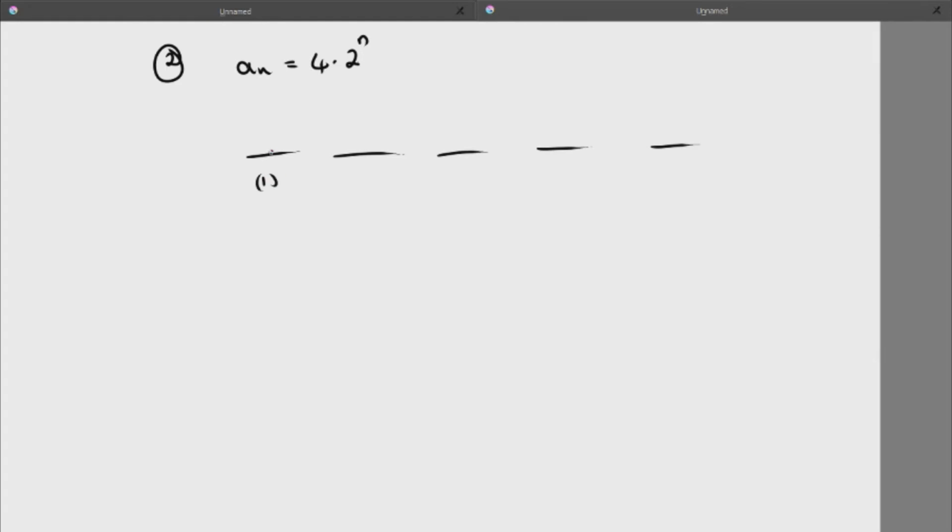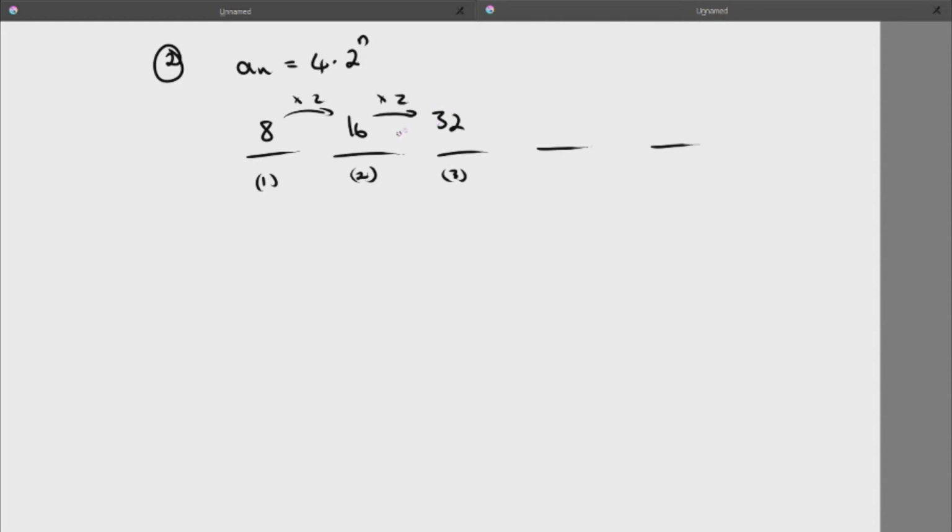Position 1 will give me 8. Position 2, 16. Position 3, 4 times 8, yes, you're right, 32. So I'm starting to feel good. This is multiplying by 2 every time.